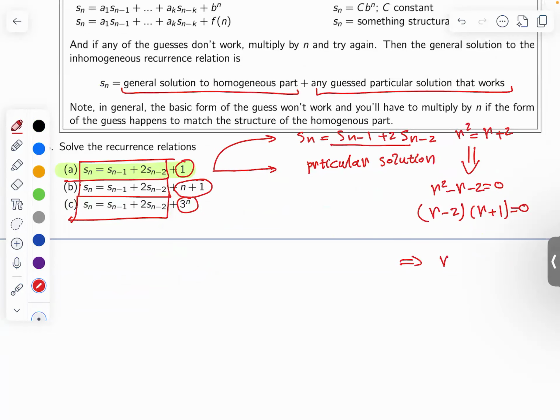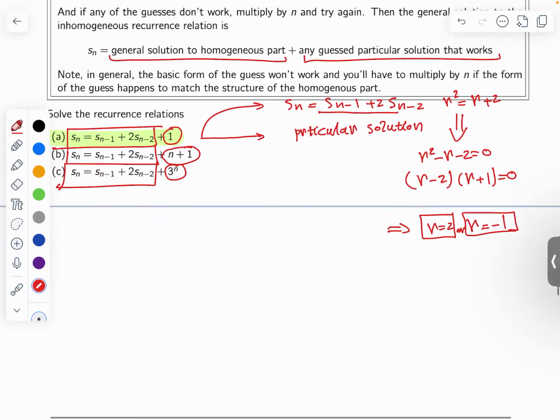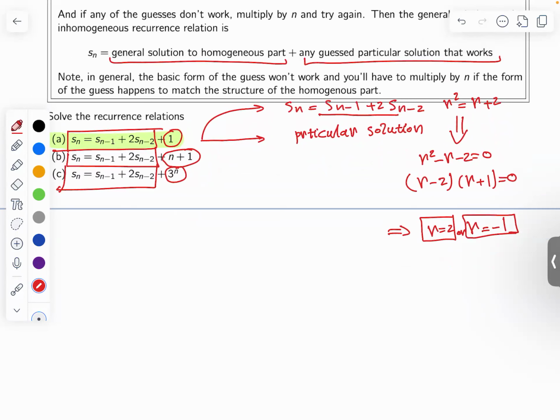From here, r equals 2 or -1. So this will be, what's the solution of this part? S_n equals C1 2 power n plus C2 minus 1 power n.